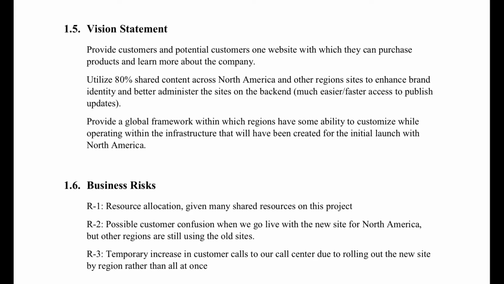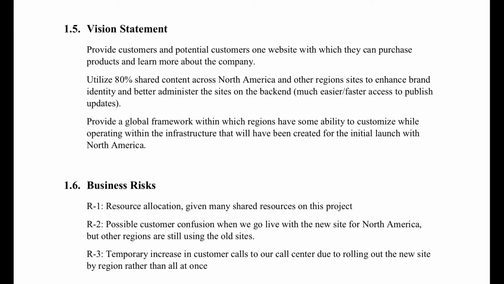So if they want to order widget 1 or widget 3 or widget 10, it's all from the same website. But then maybe they go to the site for our European region and they see that one hasn't been consolidated yet. So if they want to buy widget 1 there, they go to one site, but if they want to buy widget 10, they still have to go to this other site.